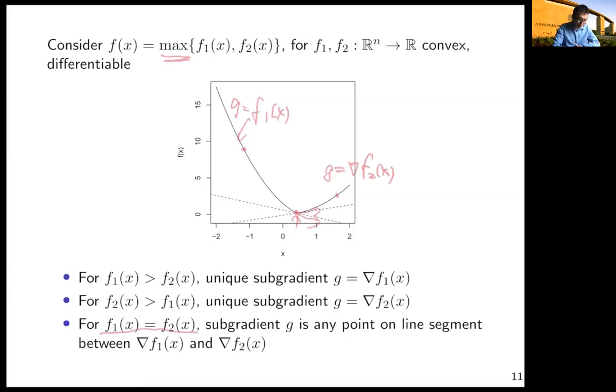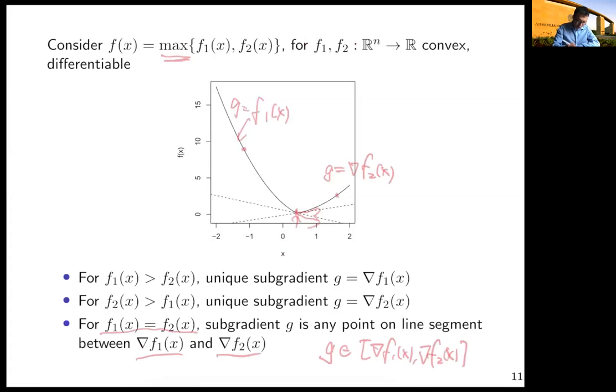Then we can already see that if we need to construct a linear approximation that supports this function from below, then it can be any convex combination of the gradients between these two points, which says that g is inside... g is any point on the line segment between the gradient of f1 and the gradient of f2 at x.